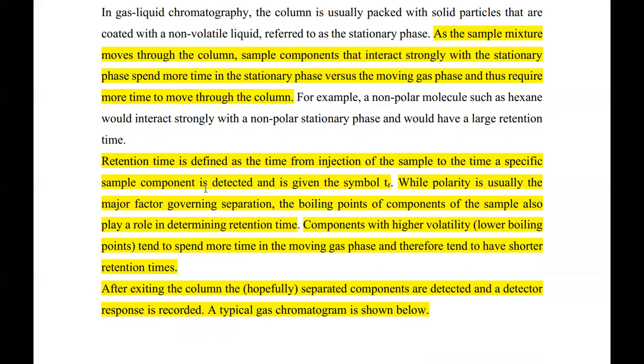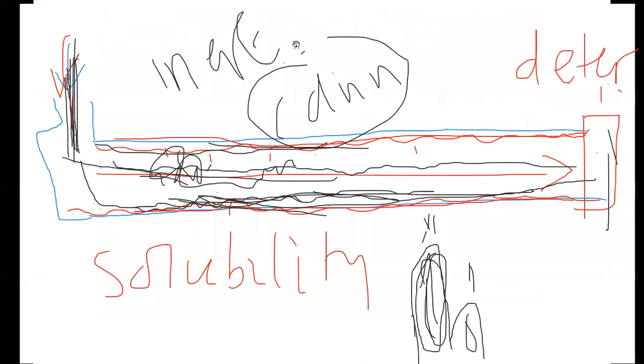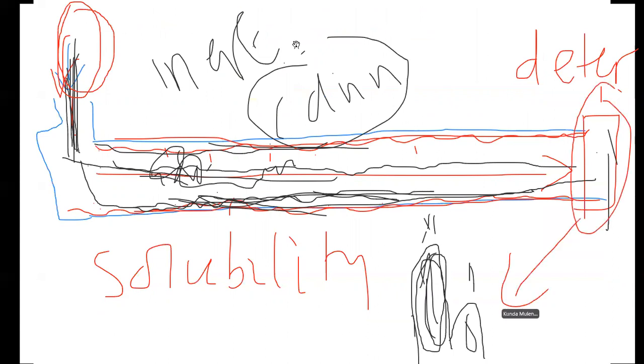There's retention factor and retention time. Retention time is the amount of time that the sample spends from the time it is injected into the machine up to the time it reaches the detector. Remember what I just said? The moment the sample is introduced here, we can detect the time, and then we see the time that a peak is observed on the screen.